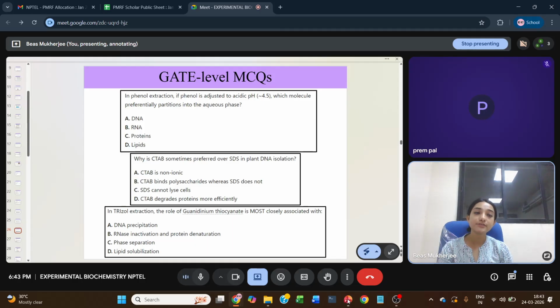Right. Now we have 3 more questions here. So in phenol-chloroform extraction, if phenol is adjusted to acidic pH, which molecule preferentially partitions into aqueous phase? Acidic pH. Okay. Now, why is CTAB sometimes preferred over SDS in plant DNA isolation? Okay.